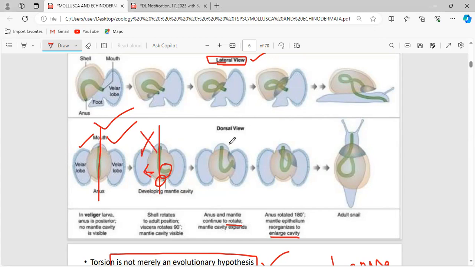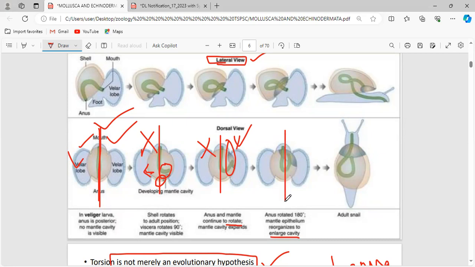We are not getting it. Again, the mantle cavity is present here but not here, so we can say this is asymmetrical. Where we can get equal halves, we can say it is symmetrical. There is a particular plane where we can cut an organism and get two equal halves.